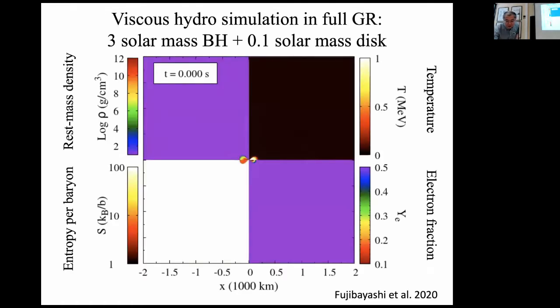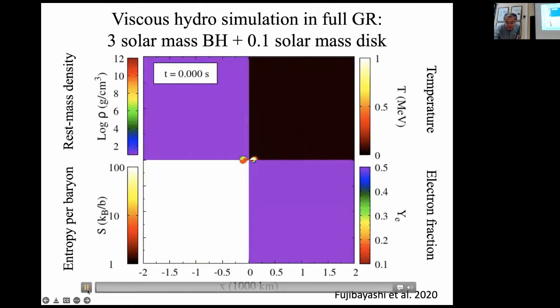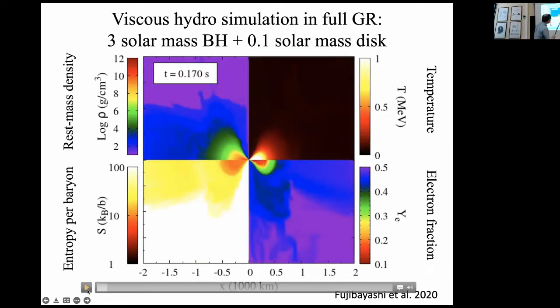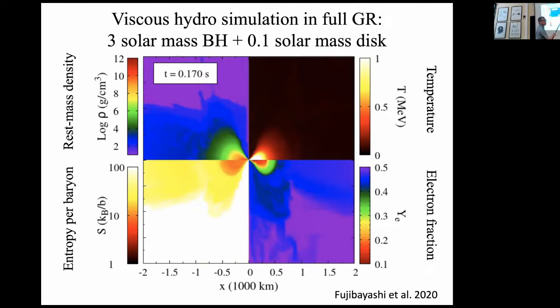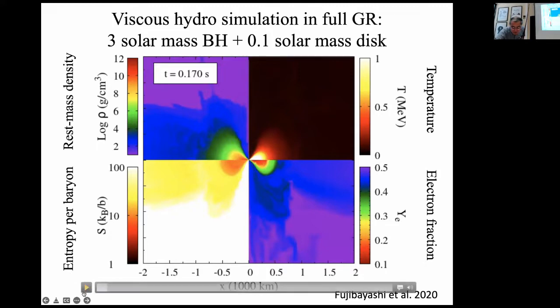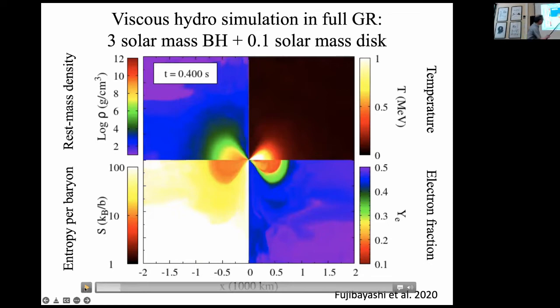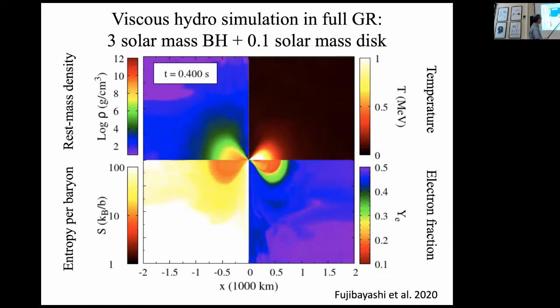The next question is how large the electron fraction is. Initially, the electron fraction is very low because it's neutron rich and dense. However, after the expansion of the disk, Y_e becomes gradually higher. The reason is very simple. In this phase, beta equilibrium is established, and in such a case the electron is highly degenerate, so due to the high electron degeneracy, neutron richness is enhanced and Y_e is very low.